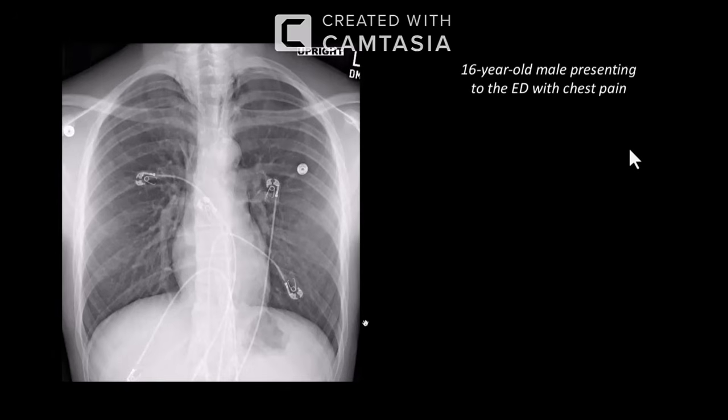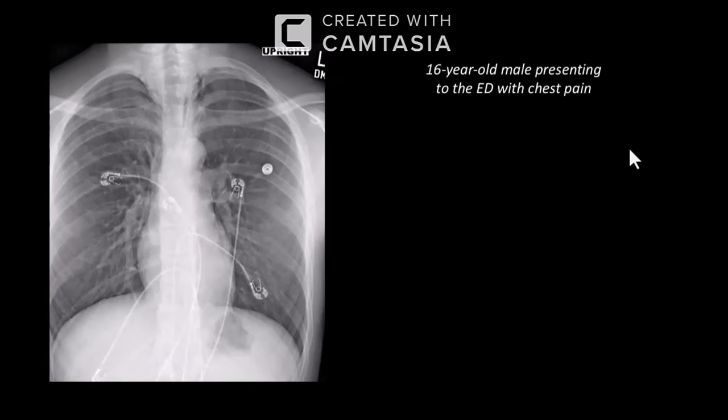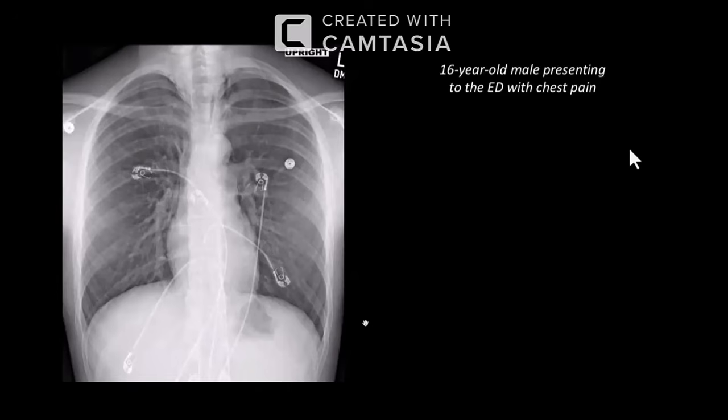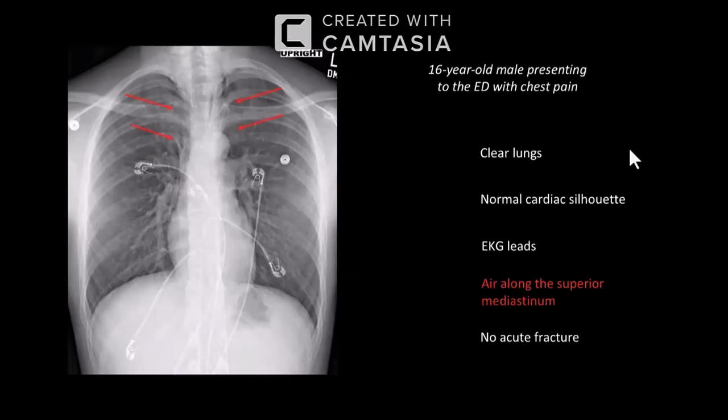Okay, yes, very good. So let me explain this case. You can actually appreciate air along the superior mediastinum.